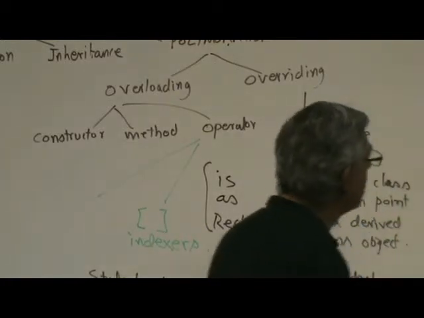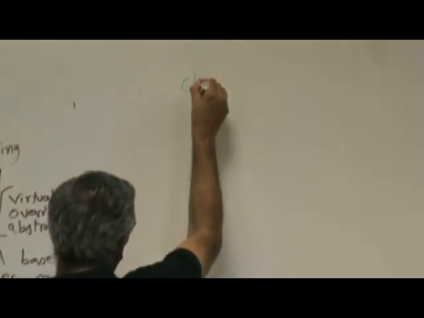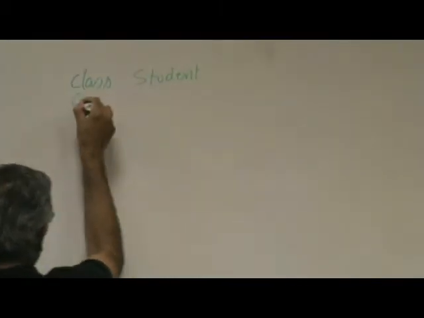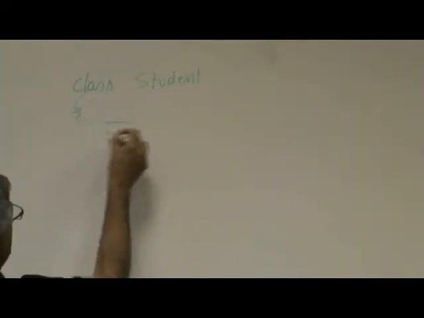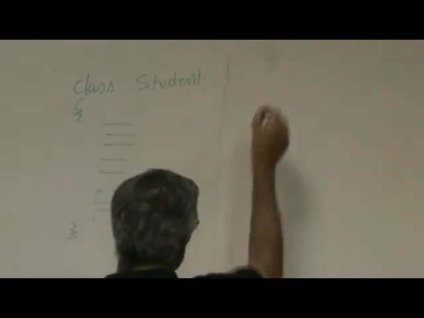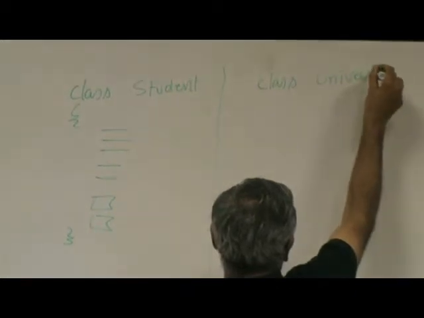Okay, so to give you an example of the use of indexers, suppose we wrote a class called student, with whatever five fields and whatever methods we have. Now suppose we created a class called university. Of course, a university contains a lot of students, right?